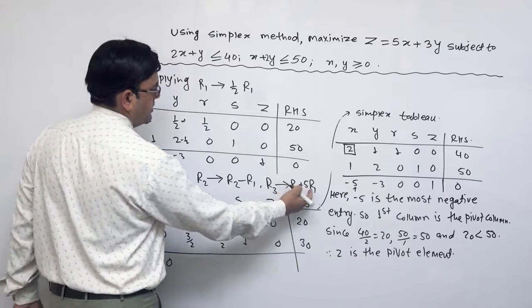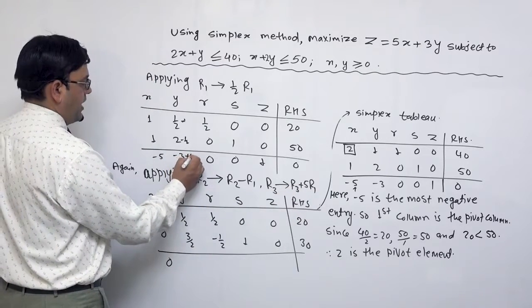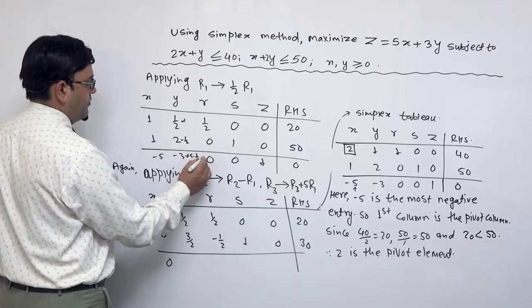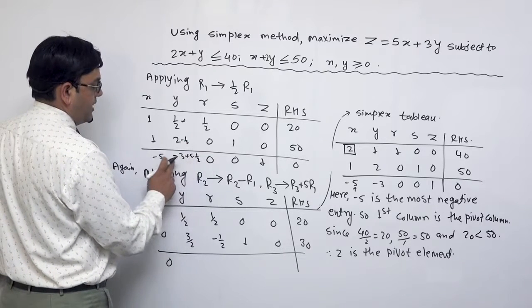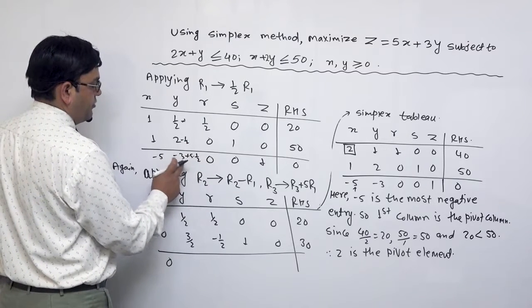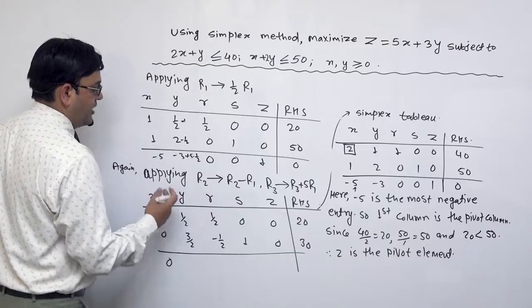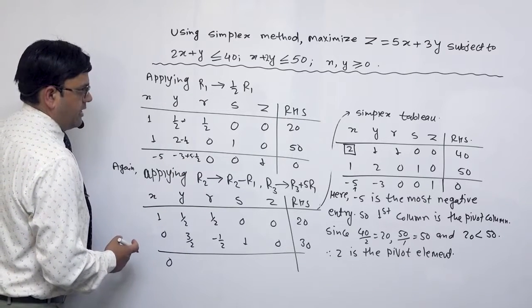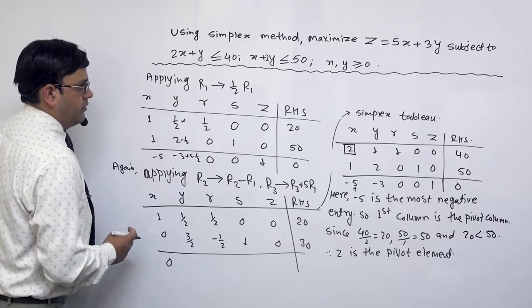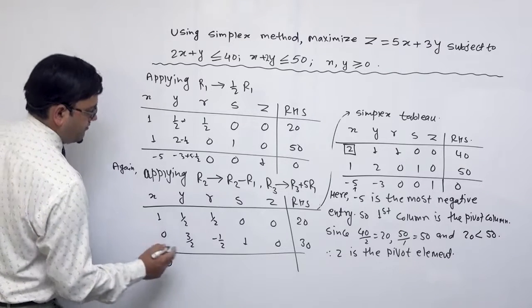And we have to change plus 5 R1, plus 5 times R1 means 1/2, so 5/2 minus 3 means 3 times 2, minus 6 plus 5 is minus 1 by 2.